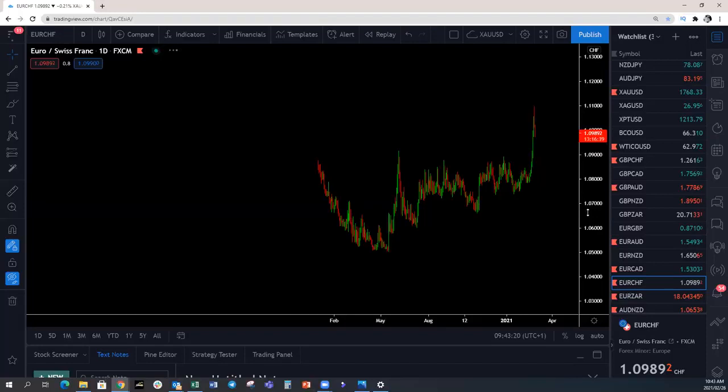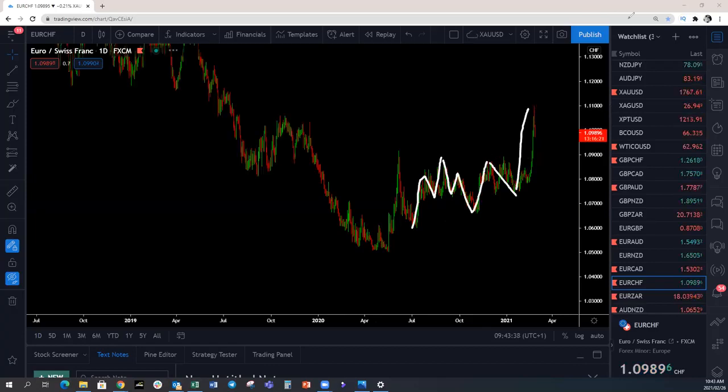Right, so Euro Swiss, we made a parabolic move to the upside. Also just getting a pullback here. Internally here, it looks like we have a structure like this: 1, 2, 3, 1, 2, 3, 1, 2, and a 3. Could this make an expanding flat as follows?